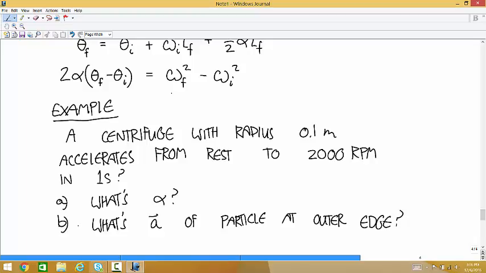So this acceleration that we're going to calculate in part B tells you how effective this centrifuge is going to be at separating things, or whatever centrifuges do. They separate things, right?